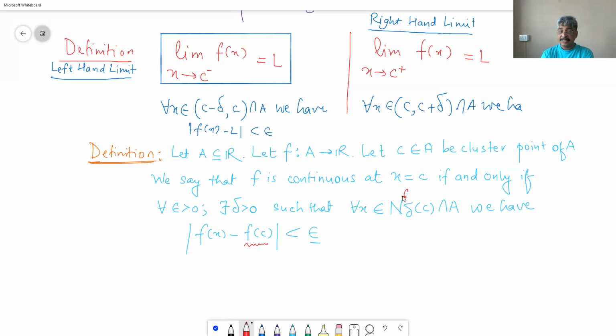A function is continuous if the limit exists and that limit is equal to the value of the function at that point.